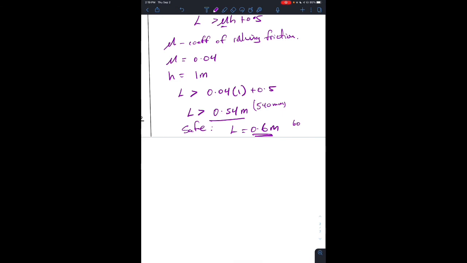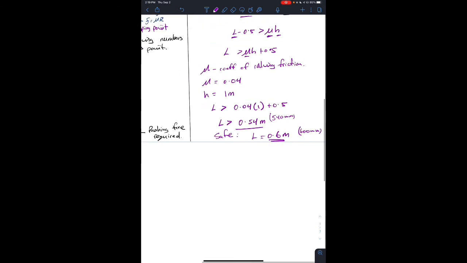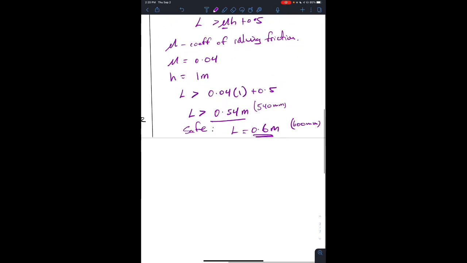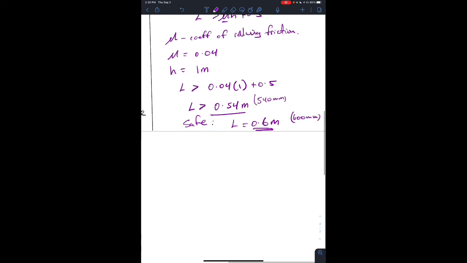So that's another thing in design: you always try to round off your values as much as you could, to values that are simple to measure and easy to cut. A lot of times you try to avoid fractions or decimals. It would be nice to have this at 1 meter, but that will actually be too big.